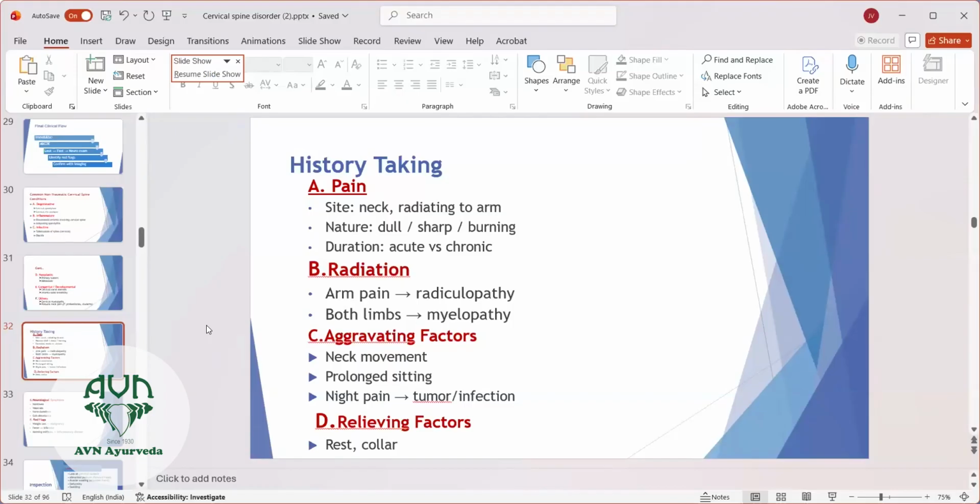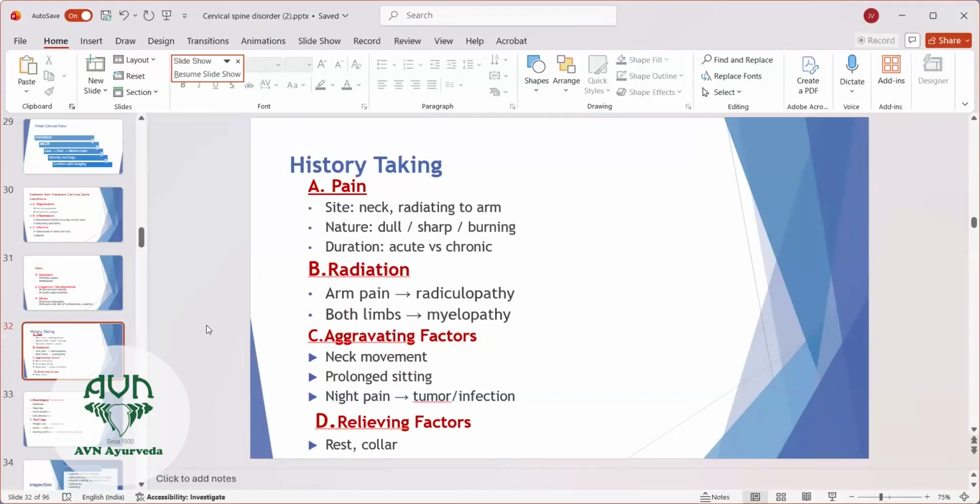Usually the pain is at the level of the cervical spine and radiates to the upper limb. Usually the patient says it is on the lateral aspect or the medial aspect of the upper arm. Sometimes the patient says the pain radiates to the inferior angle of the scapula and the trapezius muscle. So the site of the pain is very important.